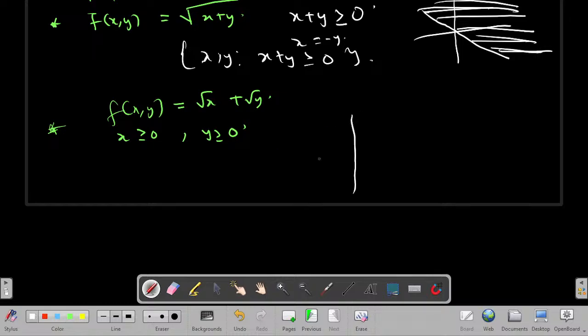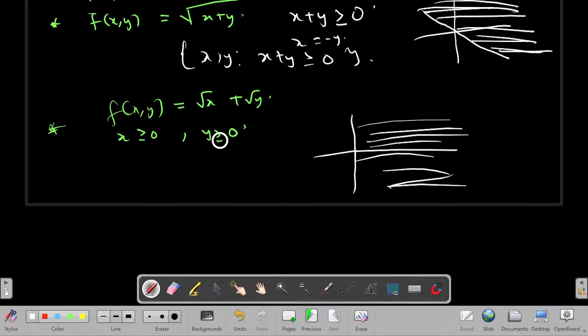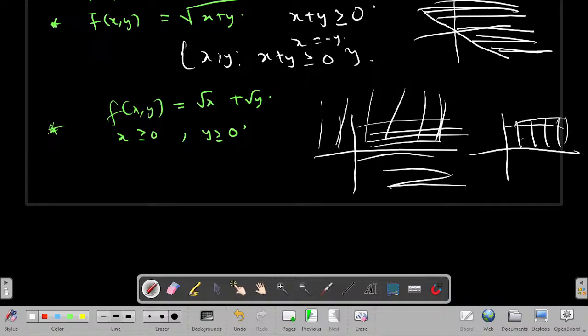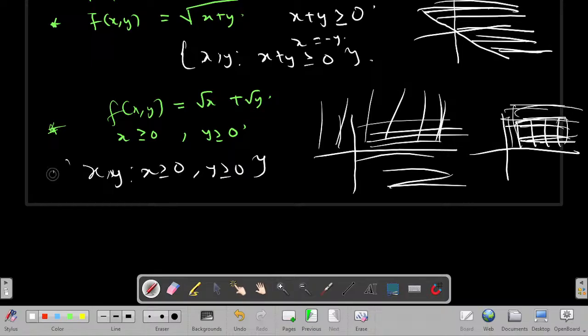All my x is greater than 0 for this part, right? Then all my y is greater than 0 for where? For this side, up this whole side. Therefore, our region of interest for this function becomes this and this. So our first quadrant, that's all. First quadrant. So we have (x, y) such that x is greater than or equal to 0, y is greater than or equal to 0. Simple as that.